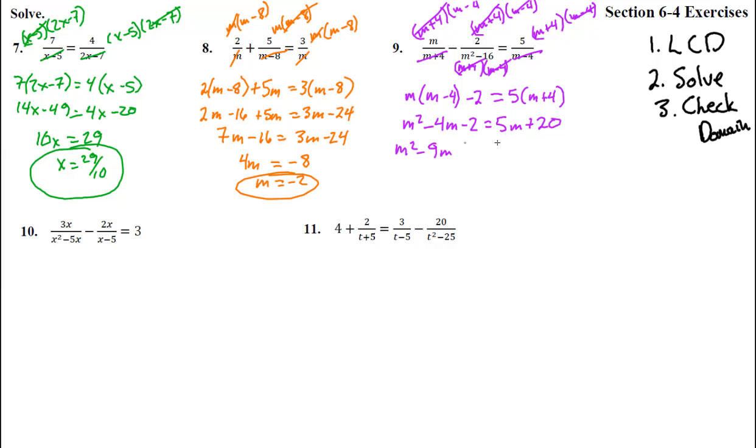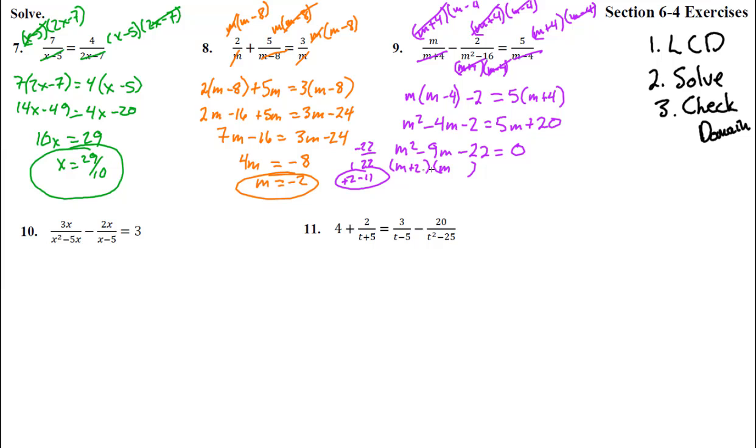That's minus 9m. And then subtract 20 over. That's minus 22 equals 0. Then we have to factor this. Okay, this factors into m and m, times this to negative 22. That's a 1 and a 22, or a 2 and an 11. Oh, those guys right there. Positive 2 and a negative 11.